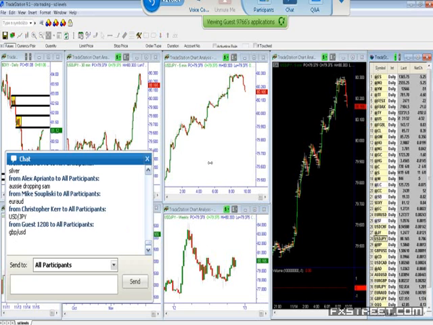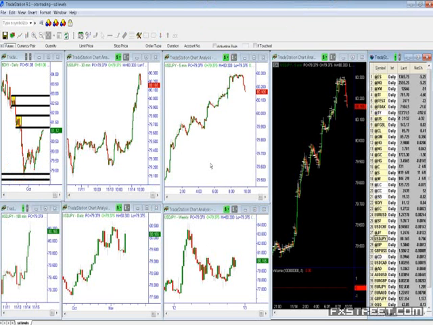Now, I looked at the yen this morning. I don't remember seeing a whole lot, but we did have quite a bit of movement. All right, let's take a look. Here's the weekly.